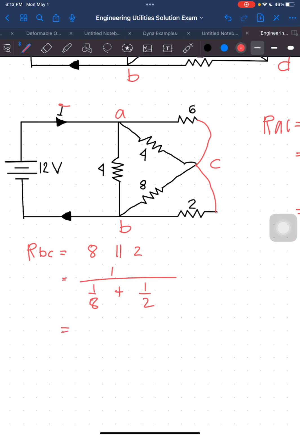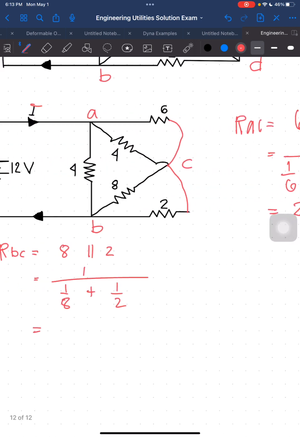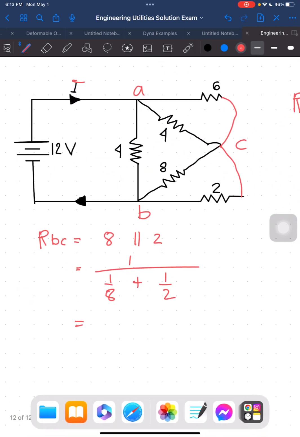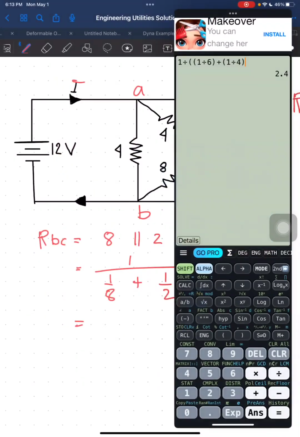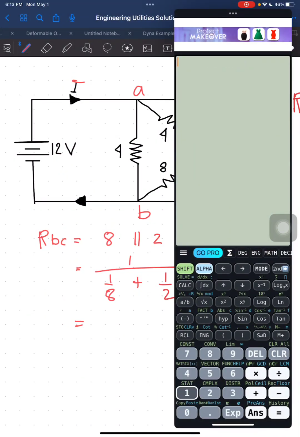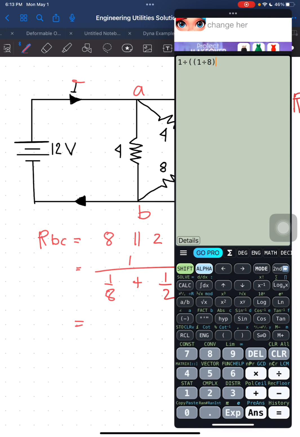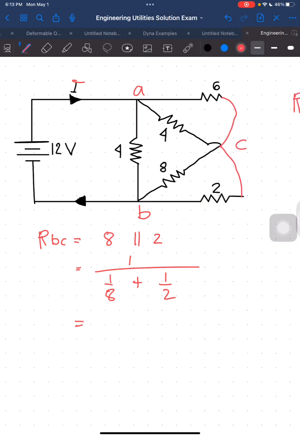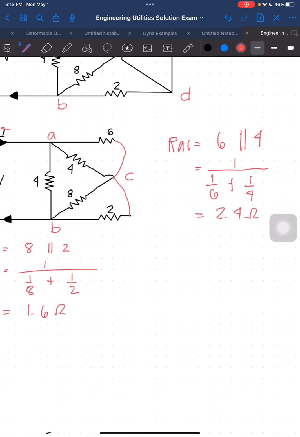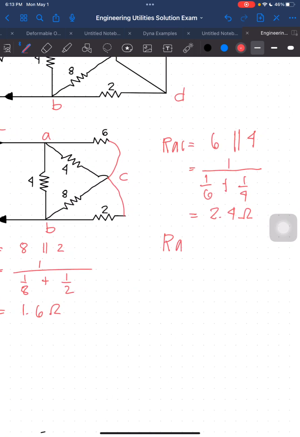Is equal to 1 divided by 1 divided by 8 plus 0.5. Is equal to 1.6 ohms. Lastly, kuntain natin yung RAB.